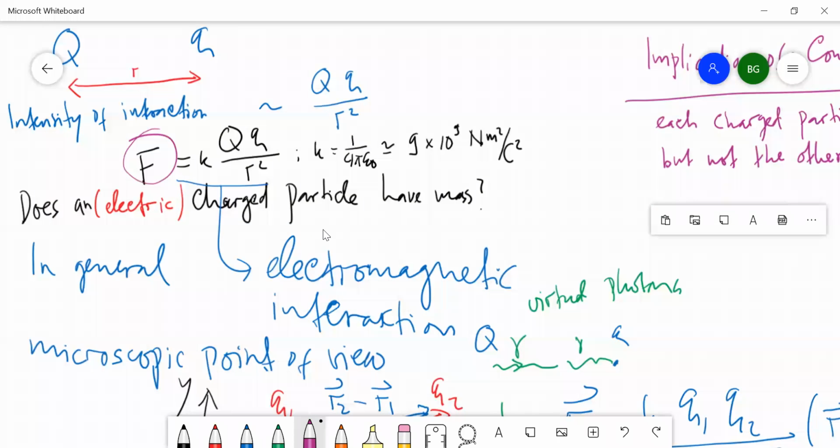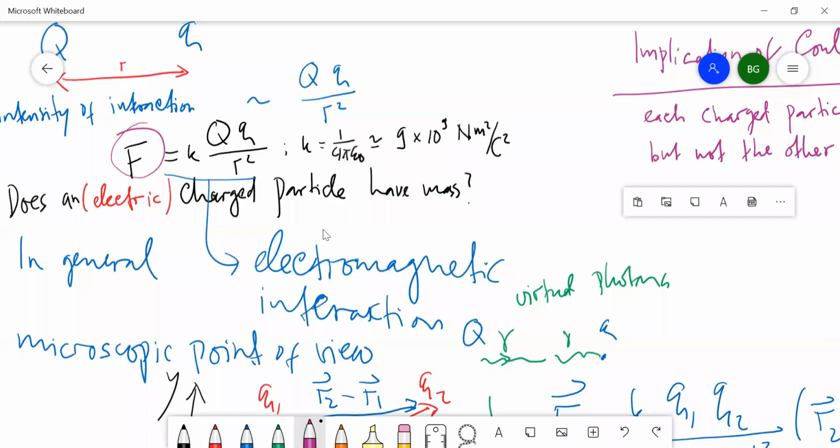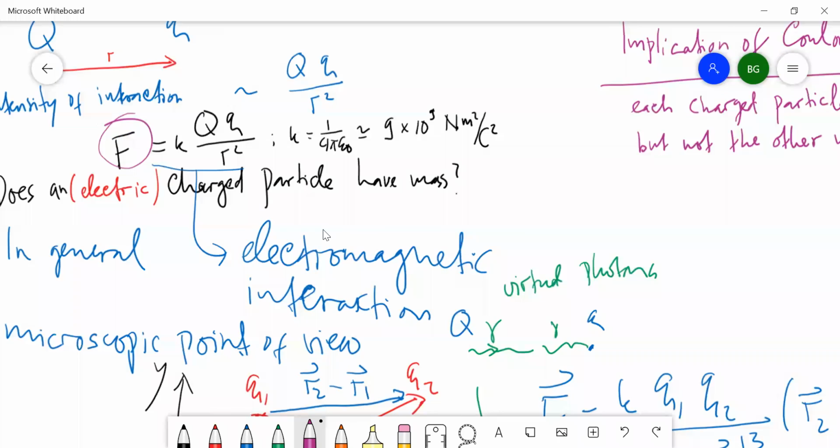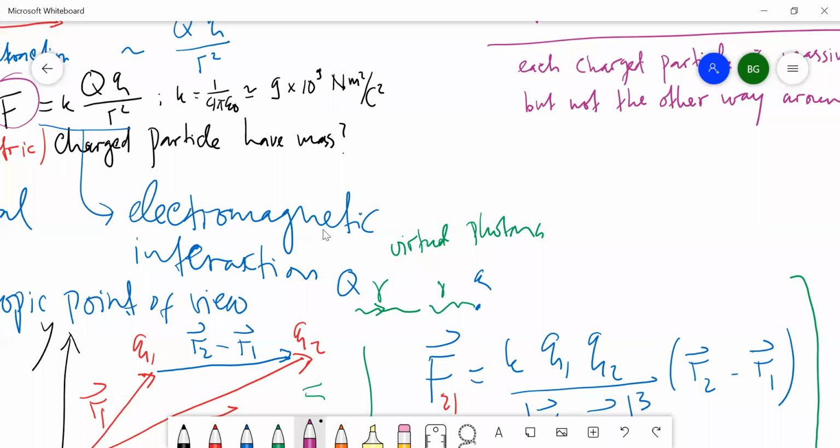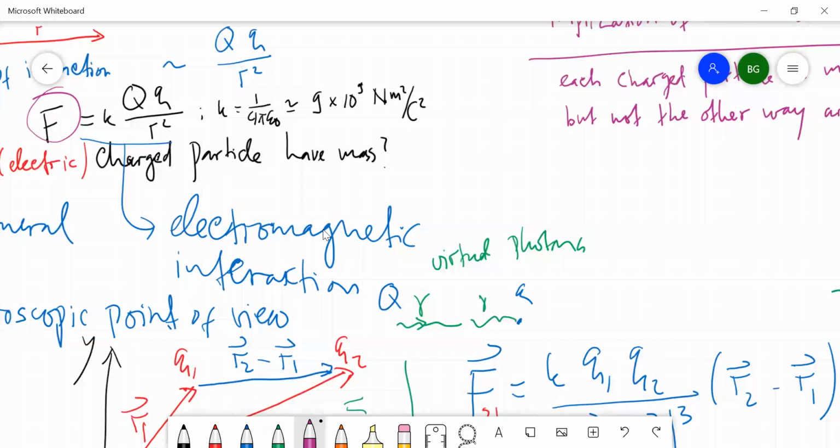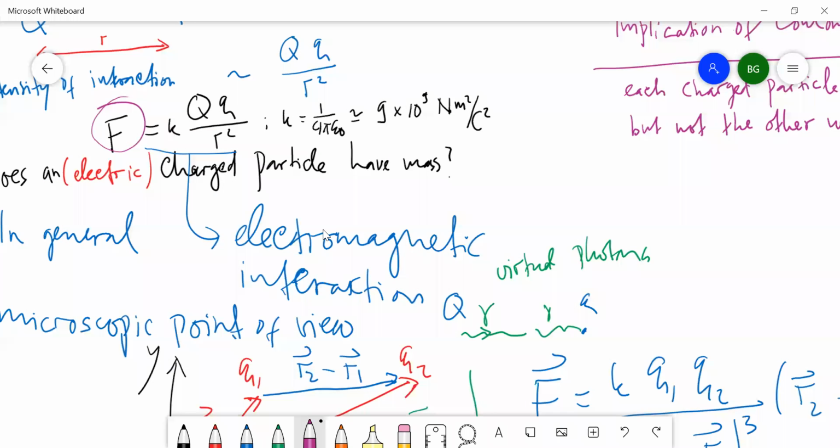Okay, in general, if you study quantum theory in the microscopic view, this Coulomb's law is nothing but the electromagnetic interaction.